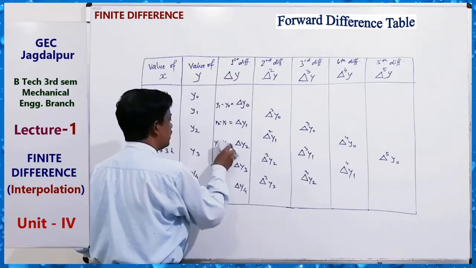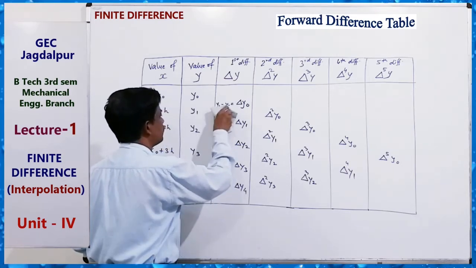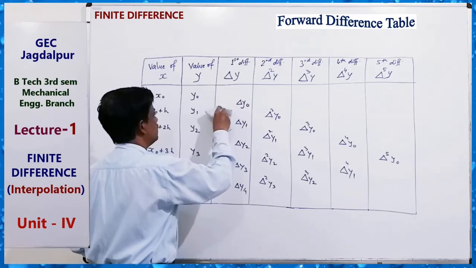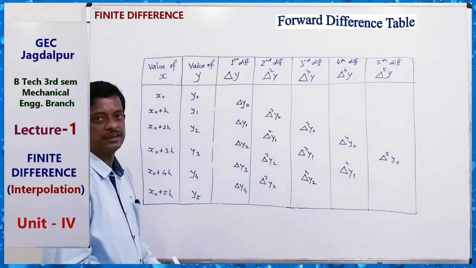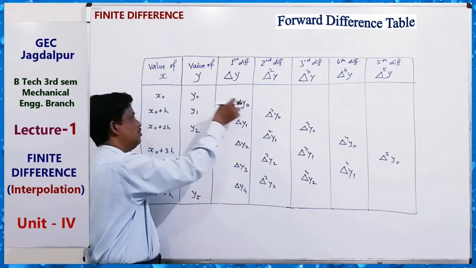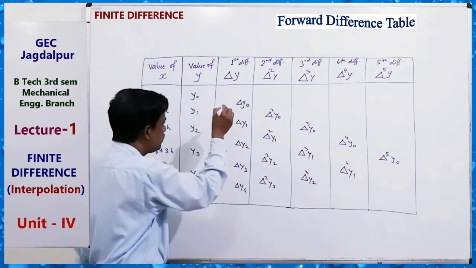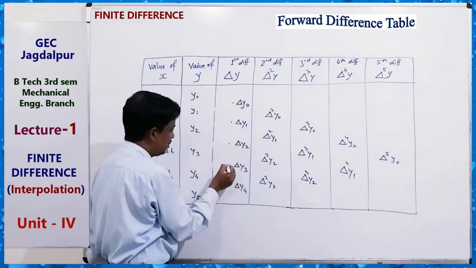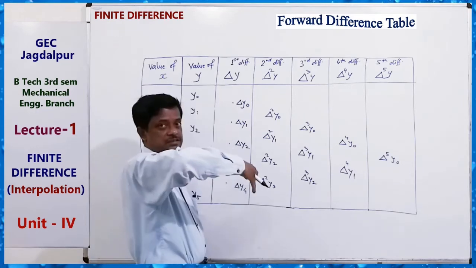Here we can see that for given data values, we can make a table and get forward differences of different order very easily. Just take differences: this minus this equals this. This position gives first order differences at different index.